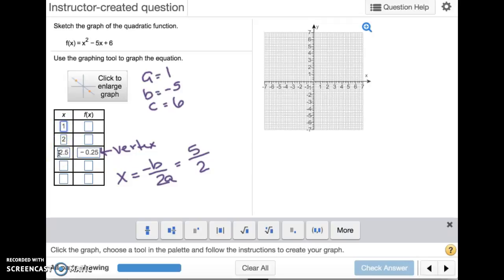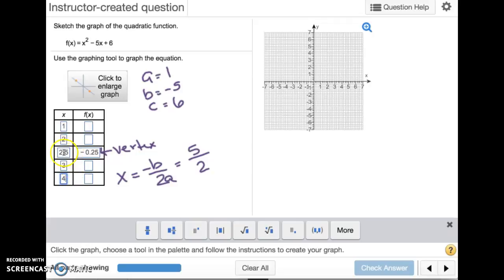I'm going to do the same thing on the other side of the table. So I'm going to add 1/2, which takes me up to 3, and then I'm going to add an entire unit, which takes me up to 4. So it's very important that the smaller numbers are at the top of your table, the bigger numbers are at the bottom, and where this is 2.5, we're going to go 1/2 unit and then a whole unit, 1/2 unit and a whole unit.